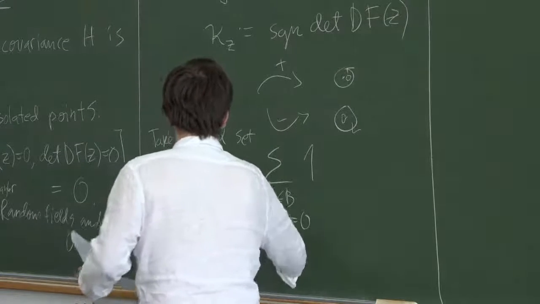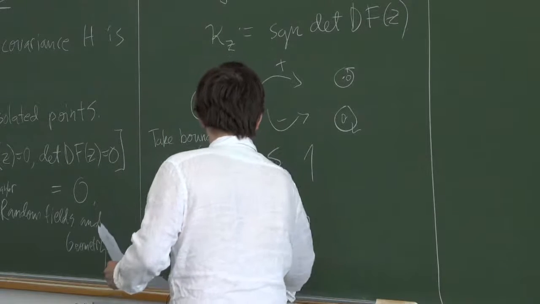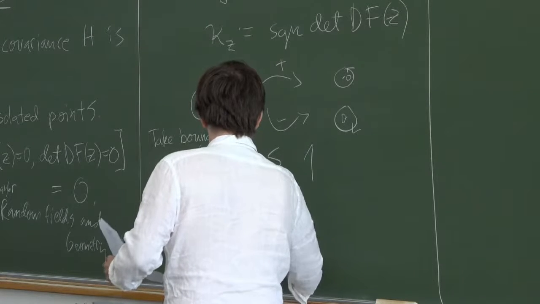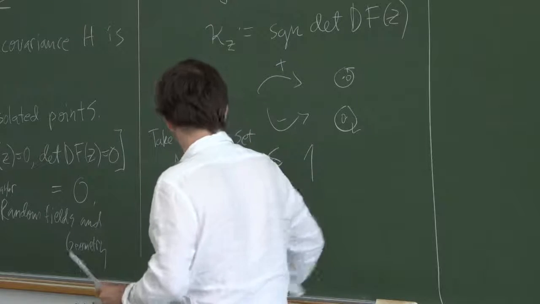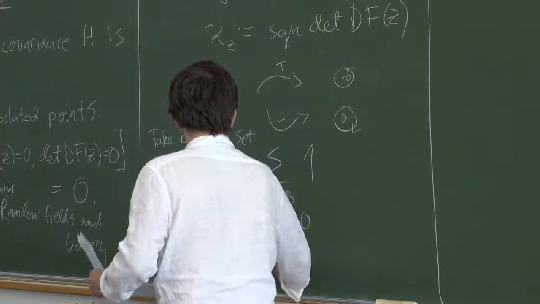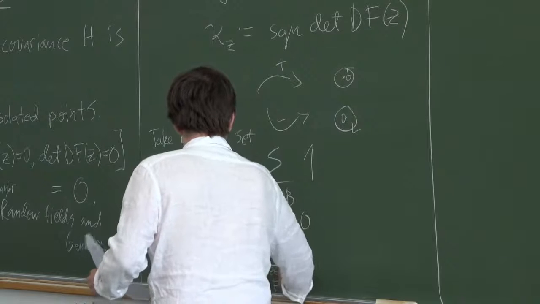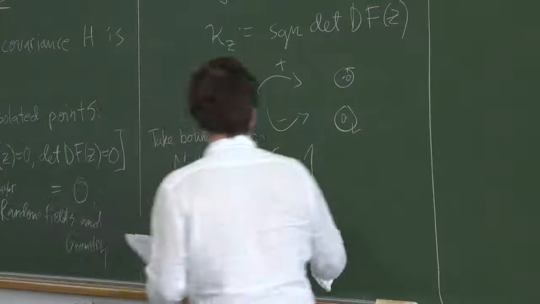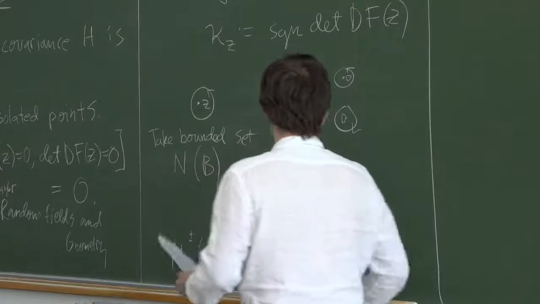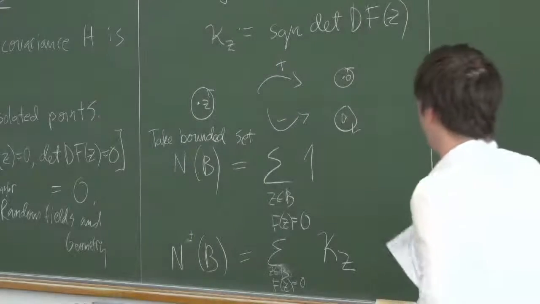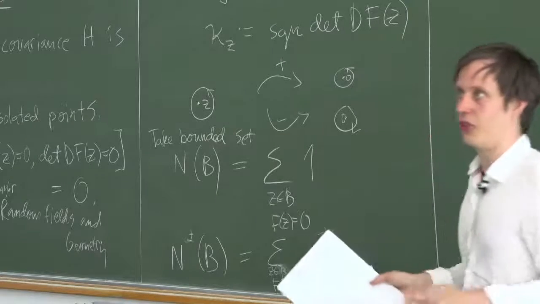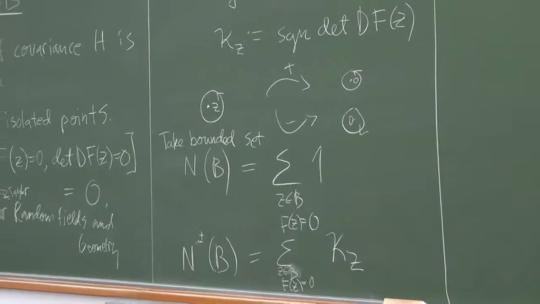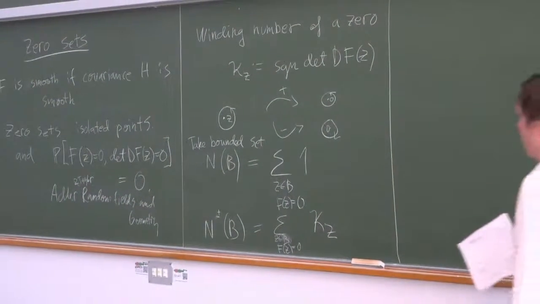So then we sum these charges or winding numbers over B. So this we think of as the total charge of the set B. All zeros come with the sign plus or minus, and then we just sum them up.